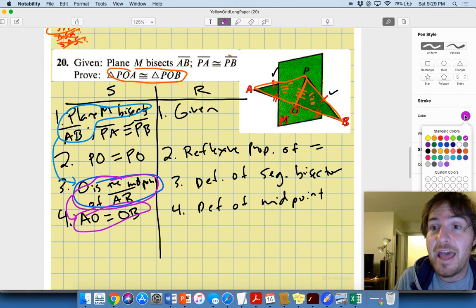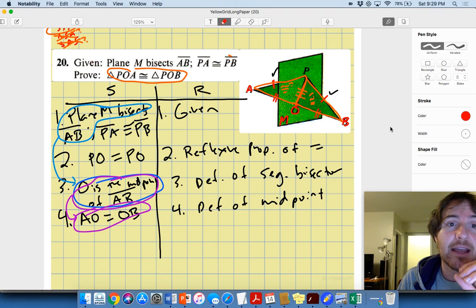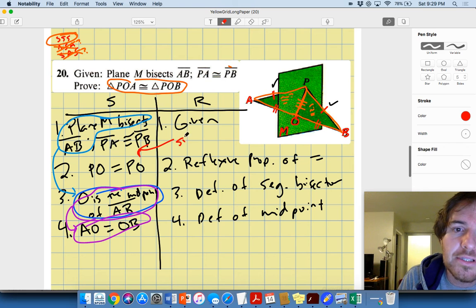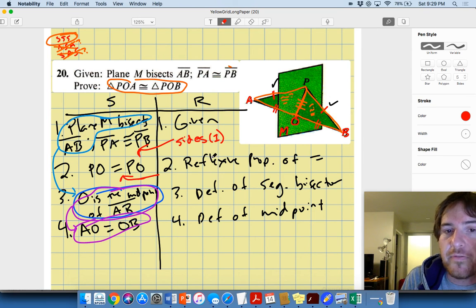Okay, so now I have this, right? I can now use SSS. Check it out, I can now use SSS because in step 1, we were told that two sides are congruent. So there's one. And in step 2, we were not told, but we were able to deduce through the reflexive property and seeing that in the diagram here, that our second pair of sides were congruent.